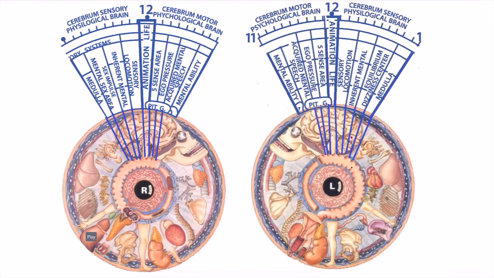And the ego pressure zone, again, is located in the limbic system, the emotional brain of the cerebrum, as well as it is connected to the hypothalamus and the pituitary gland.